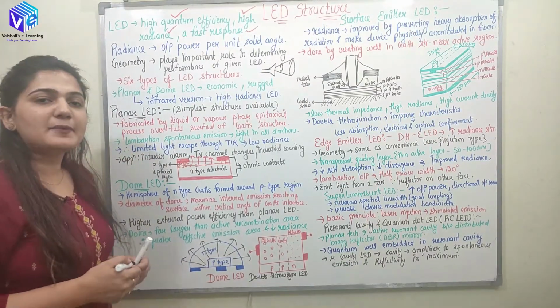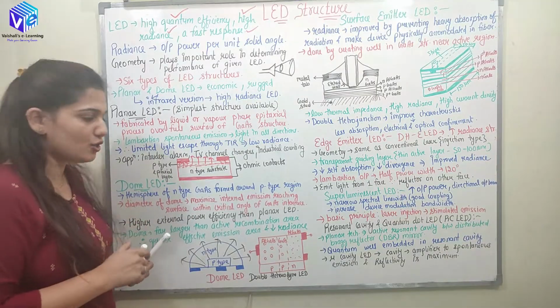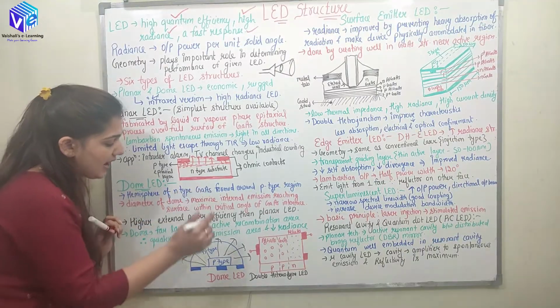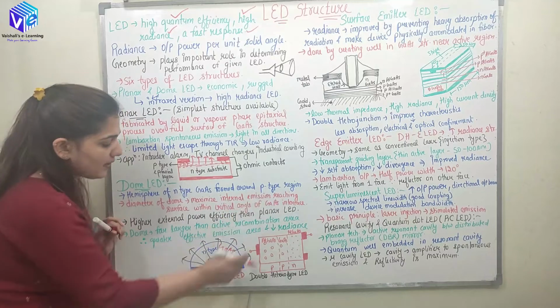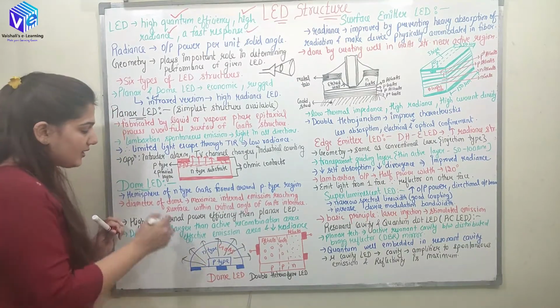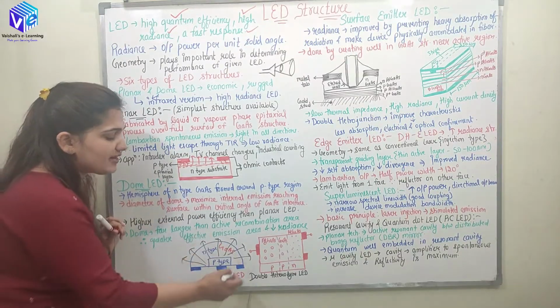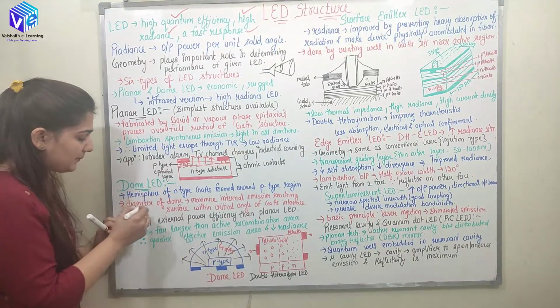So it will have better efficiency than the planar LED. This thing is sure. It has a hemisphere of n-type gallium arsenide formed around the p region. So I have a planar p region, but the n-type gallium arsenide formed is a hemispherical structure. This is the reason it is called the dome shaped LED.